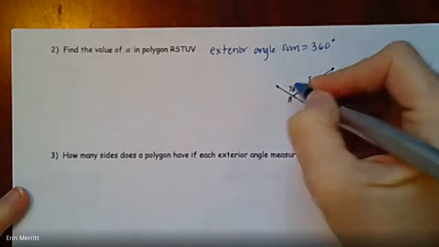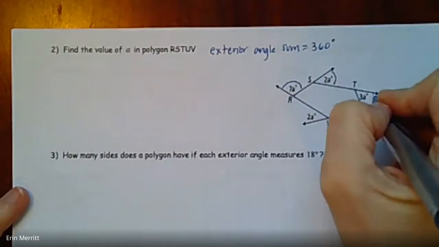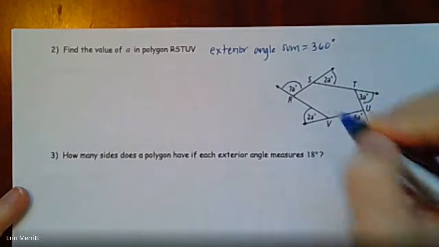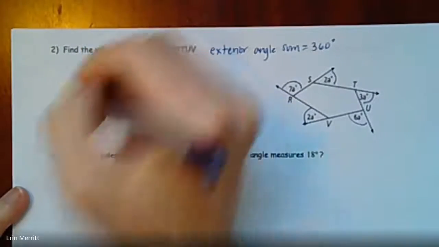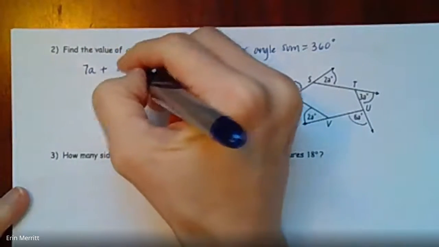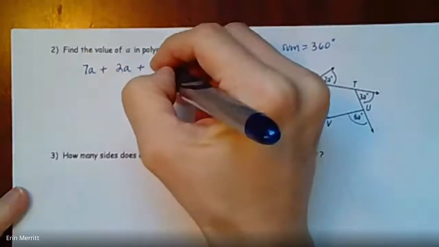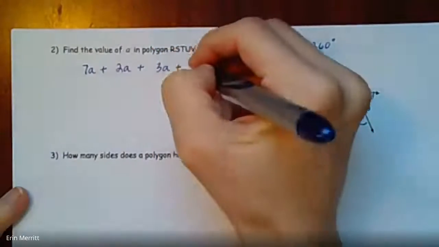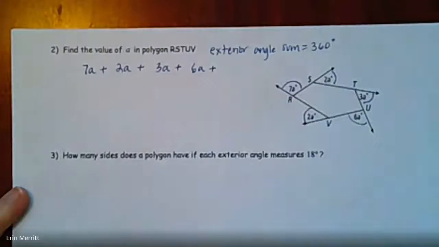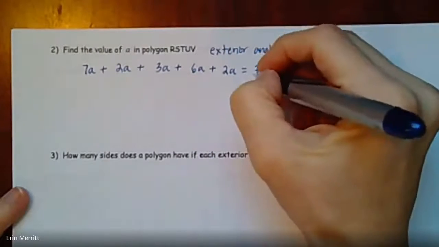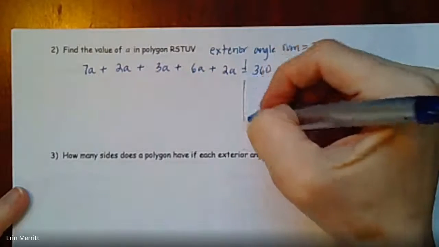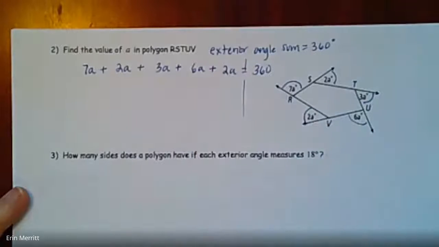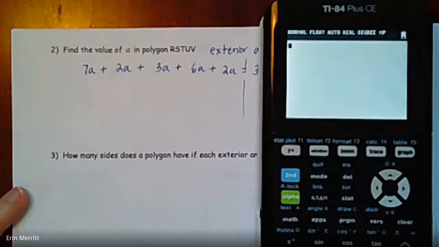So let's do it. Let's add up these 5 angles and set it equal to 360. So 7A plus 2A plus 3A plus 6A. We got one more, 2A again, and then equals 360. All right. These are all on the same side of the equation. We're just adding them all up. So add up those coefficients.